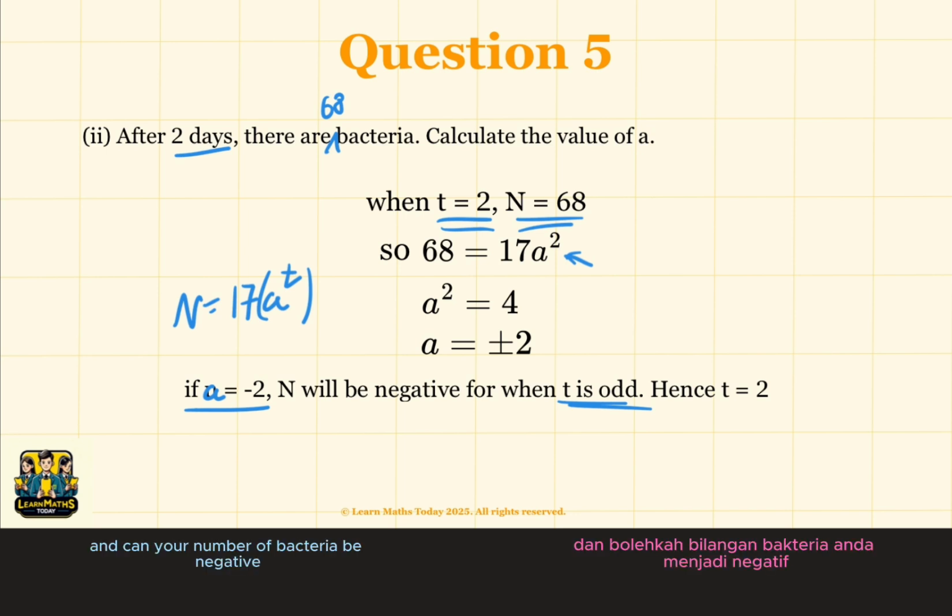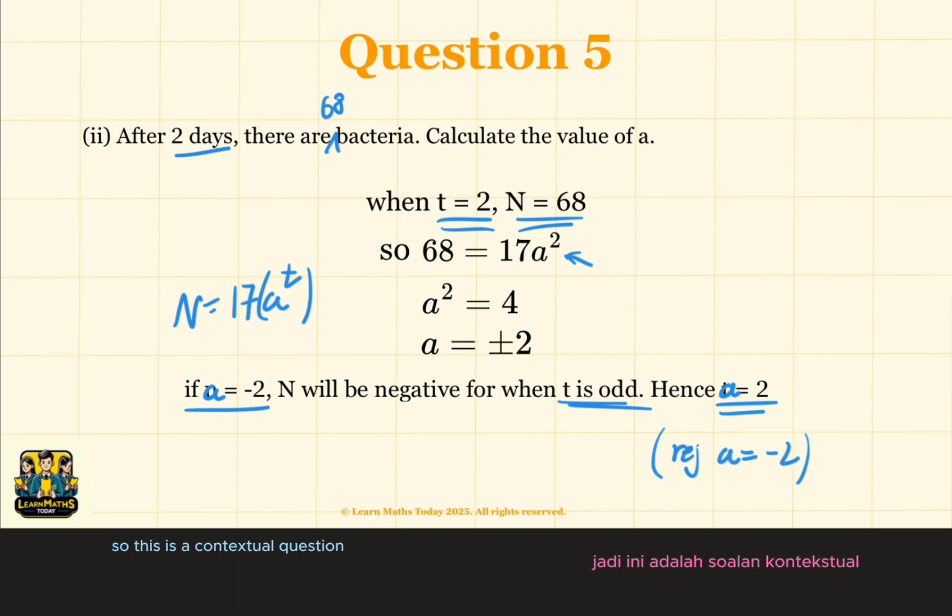And can your number of bacteria be negative? No, right? So that means A equals 2. So I reject A equals minus 2.